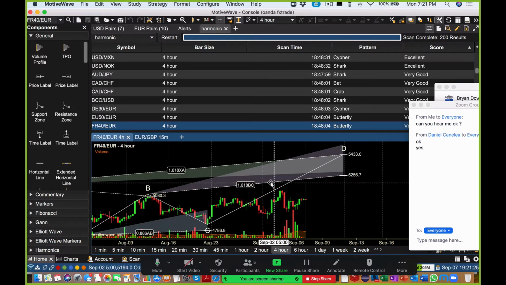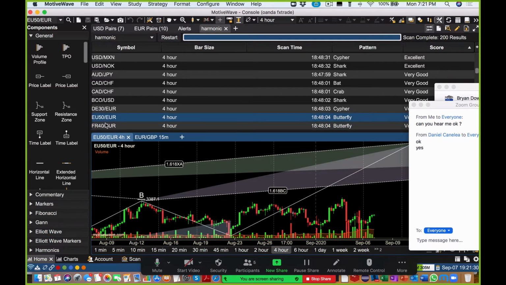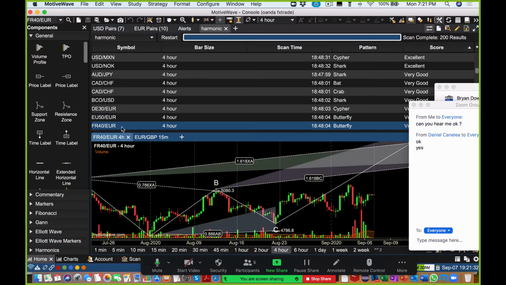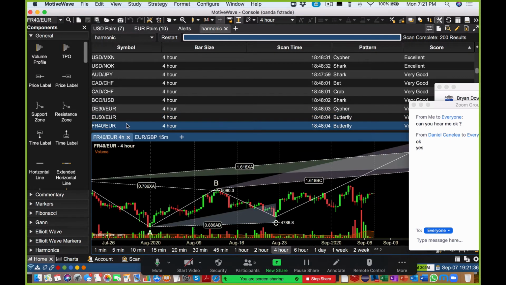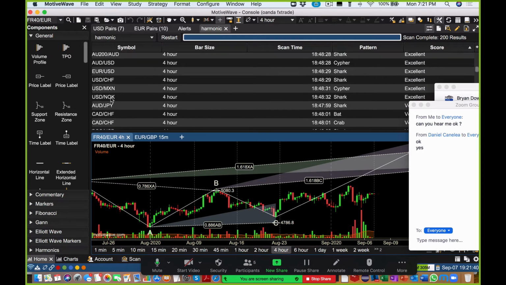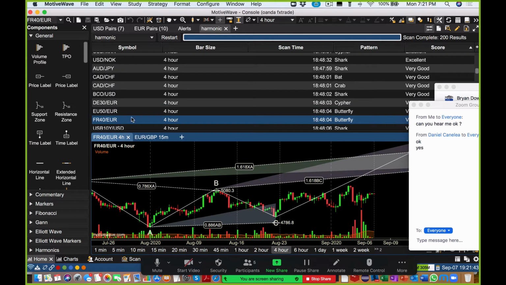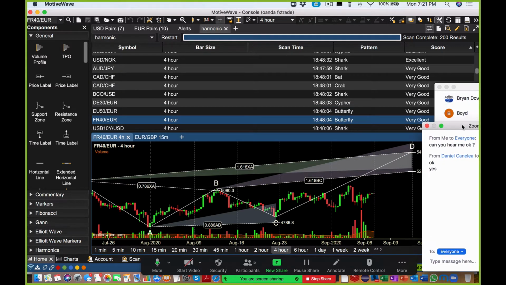Again, I don't read the reasons why this could happen. Maybe you guys might have some better insight on this. But the EU 50 as well as France are doing well. Then when you look at Germany, it's not doing so hot because we got a short on that. So again, I'd have to do my research to figure that one out.